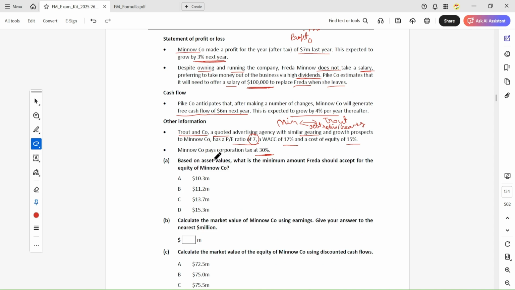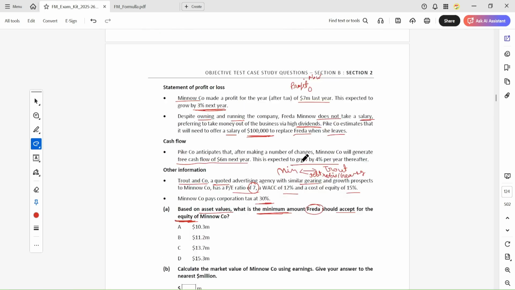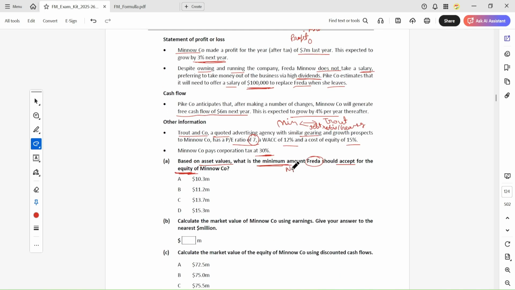Based on the asset value, what is the minimum amount Freda should accept for the equity of Minnow? So what is the minimum value of the company? The minimum value is based on NRV.